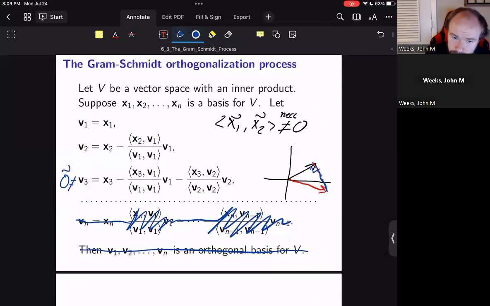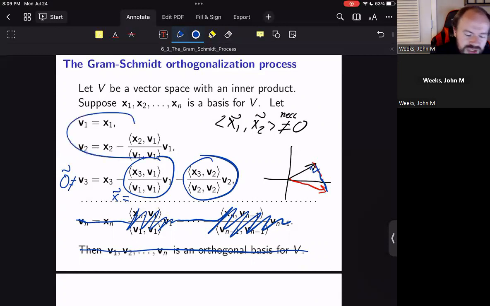If it were, then we would be able to write x3 as a linear combination of v1 and v2, which are themselves just linear combinations of x1 and x2. So that would mean that x3 is not linearly independent from x1 and x2 and would result in a contradiction.